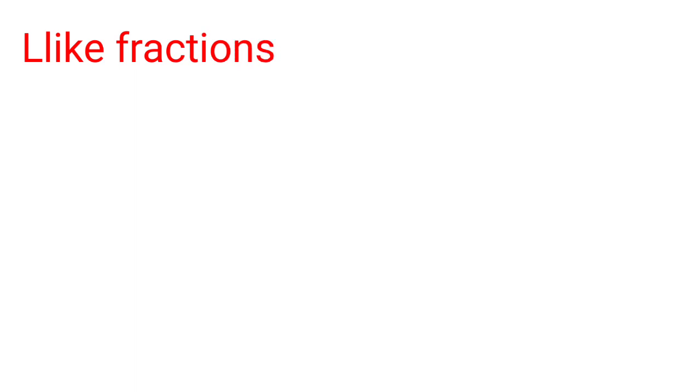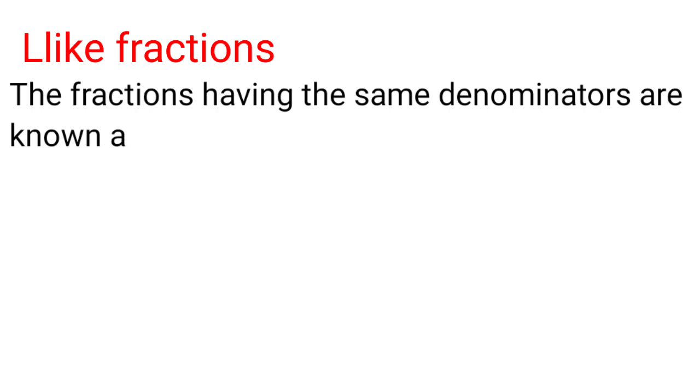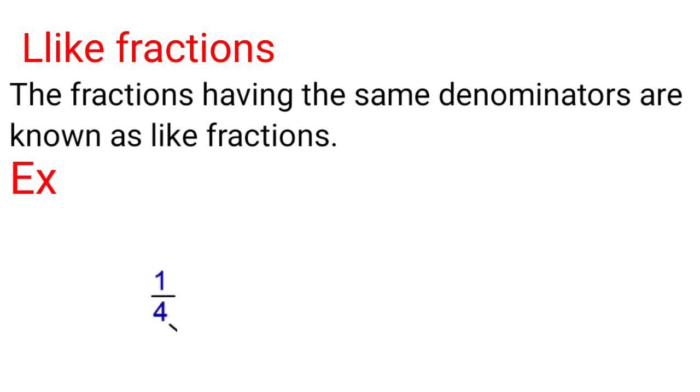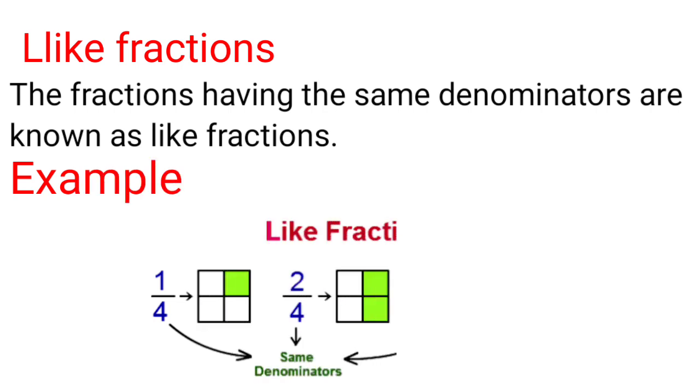Next one, like fractions. Fractions having the same denominator are known as like fractions. We will consider an example. For example, 1 by 4, 2 by 4, 3 by 4. Here the denominators are the same or equal.